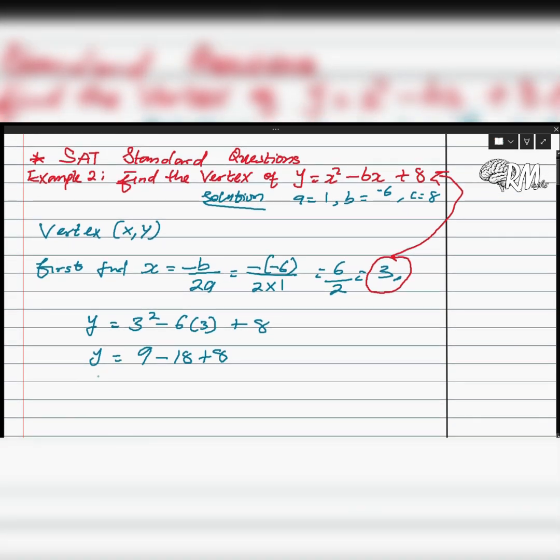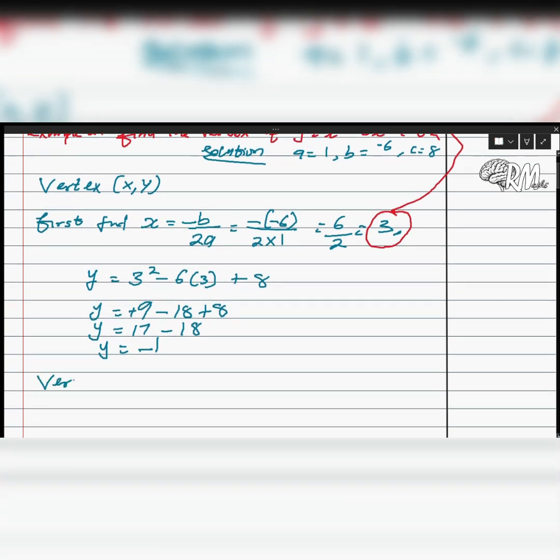So 9 plus 8 is 17, then minus 18. And finally y equals 17 minus 18, which is minus 1. So my vertex, x comma y, gives me 3 comma minus 1. So this is the final answer to this question.